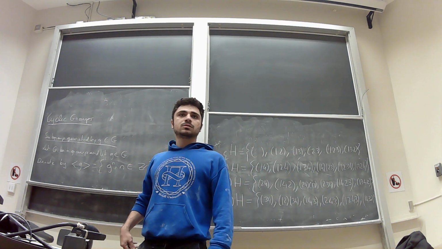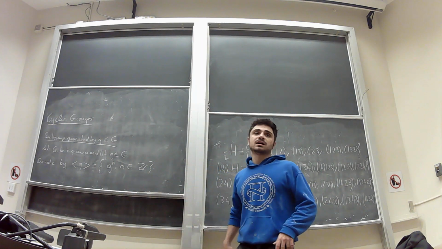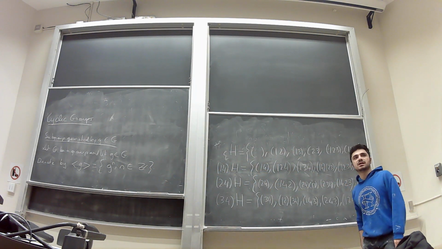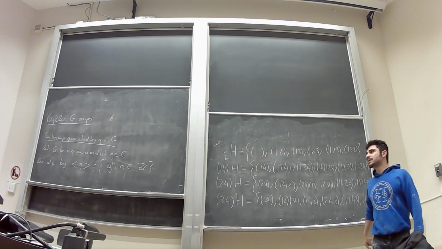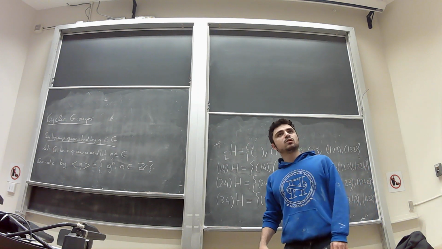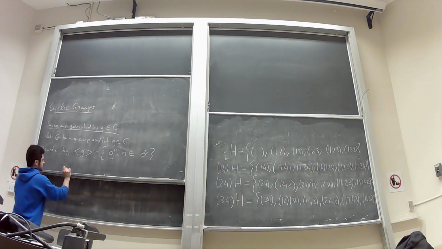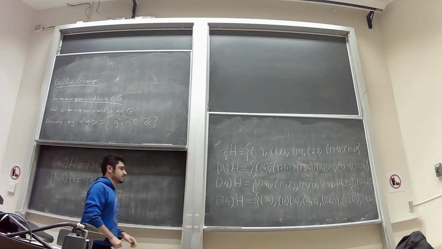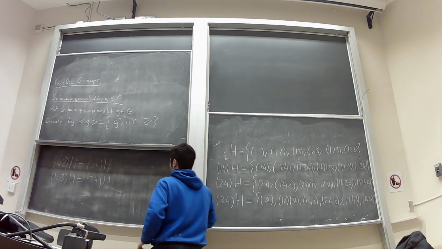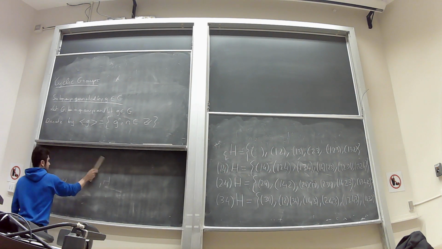Negative powers mean the inverse of the positive ones. I claim that this angled bracket g is a subgroup of G. This is clear, right?